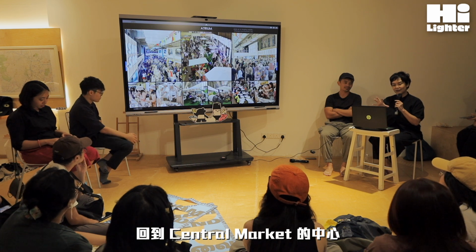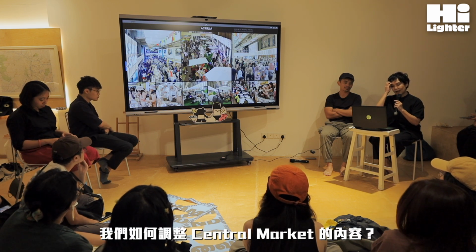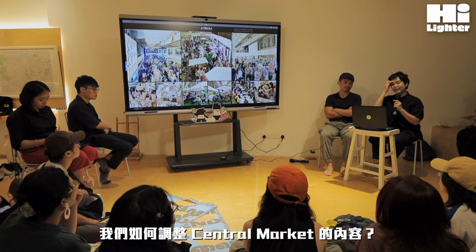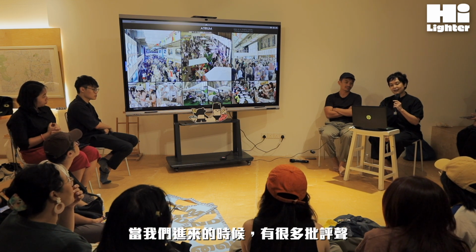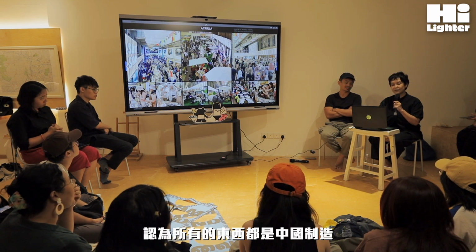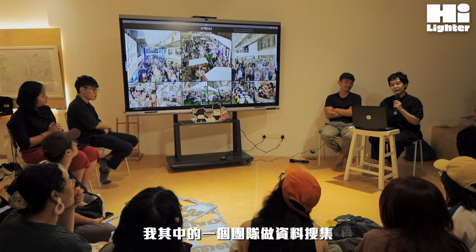Coming back to the center of Central Market, how do we pivot the content of Central Market? When we came in, there was a lot of criticism that the stuff is all made in China. One of my team did a survey and audited all the barang. Every kedai, every makcik pakcik stall, we wanted to know who buys your product, etc. We found that, no lah, 87% is made in Malaysia.